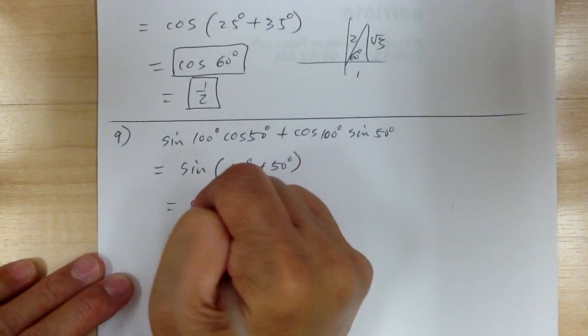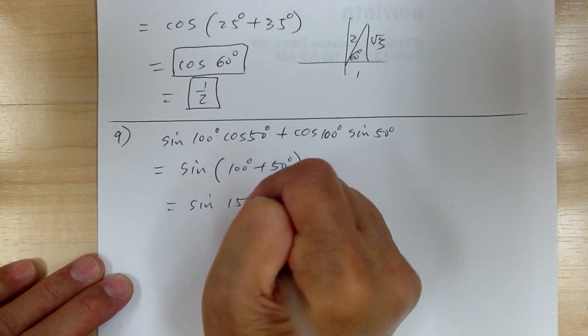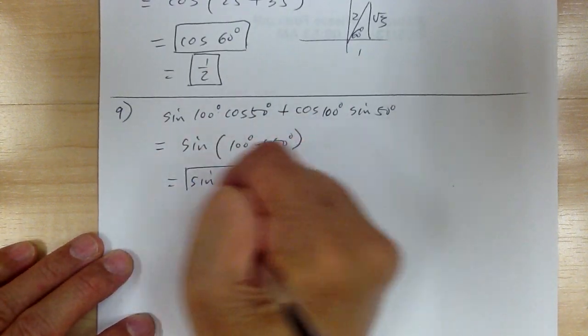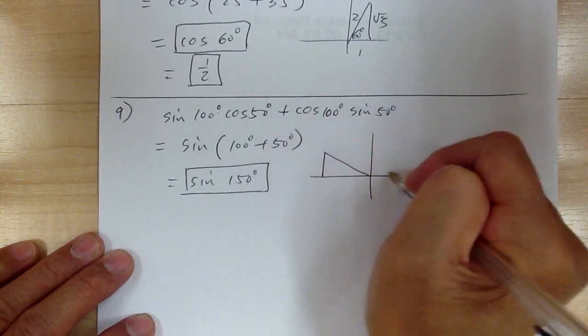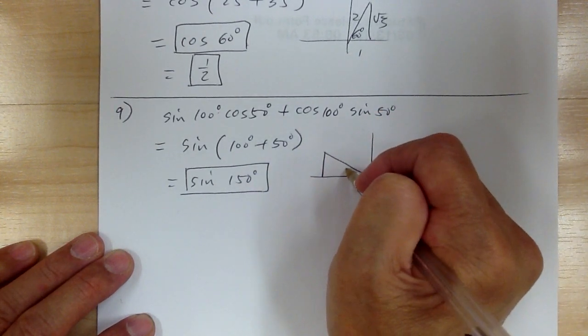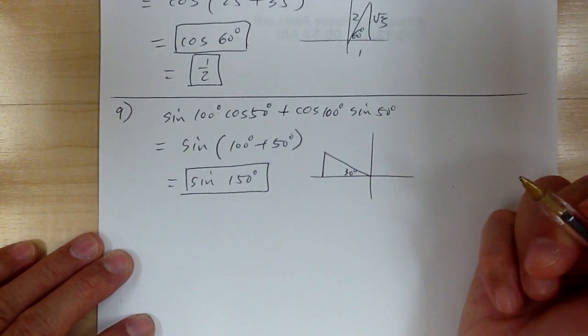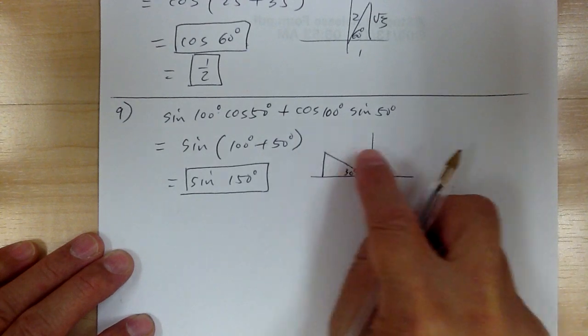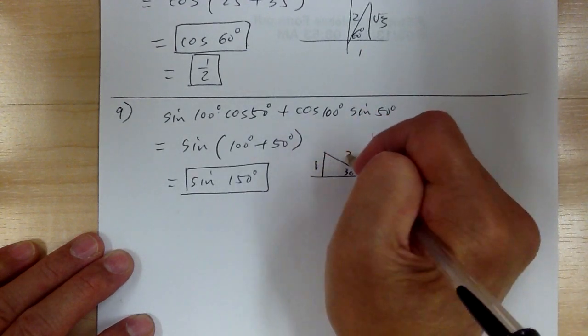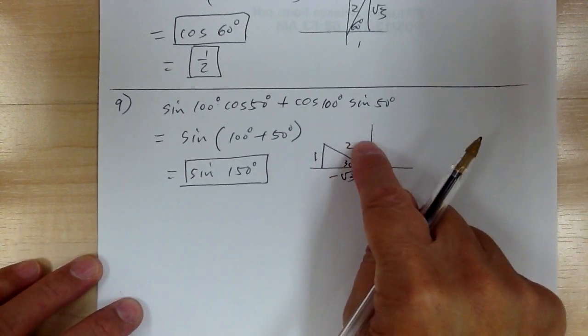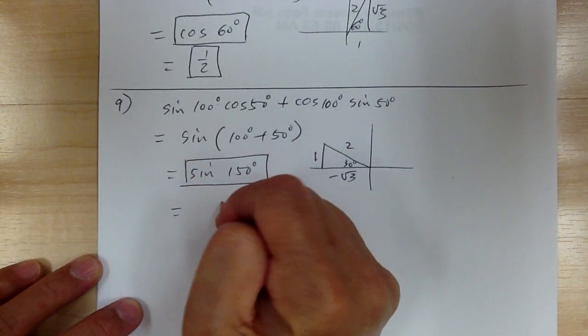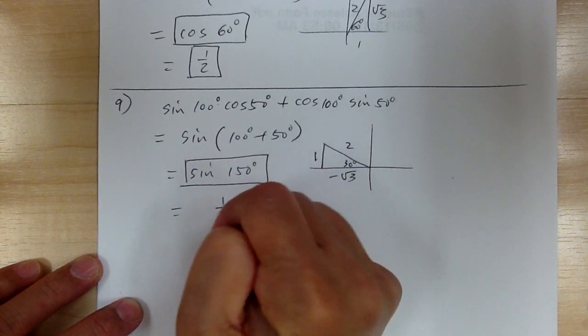So this is equal to sine of 150 degrees. So that's one of your answers. And when you draw these things out, 150 degrees will give you a reference angle of 30 degrees over here. So this will give you a 30-60 special triangle. So it will be 1, 2, square root of 3, negative. So sine is vertical over hypotenuse. So this is equal to 1/2.